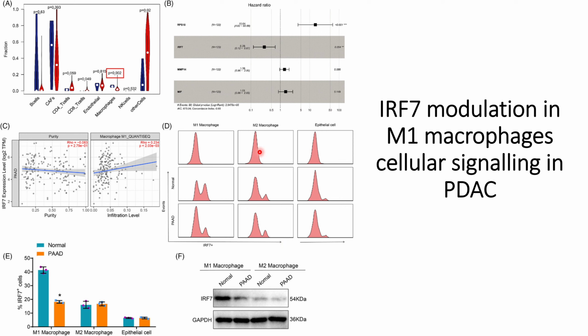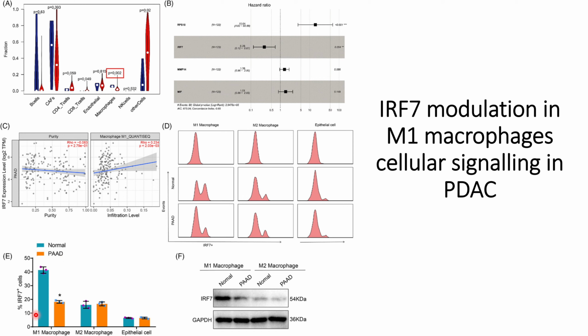However, for the M2 macrophages, these IRF7 levels are unchanged, and similarly for the epithelial cells. After validating that it's the IRF7 that is modulated within the M1 macrophages, they again did similar experiments with normal cells and pancreatic tumor cells.